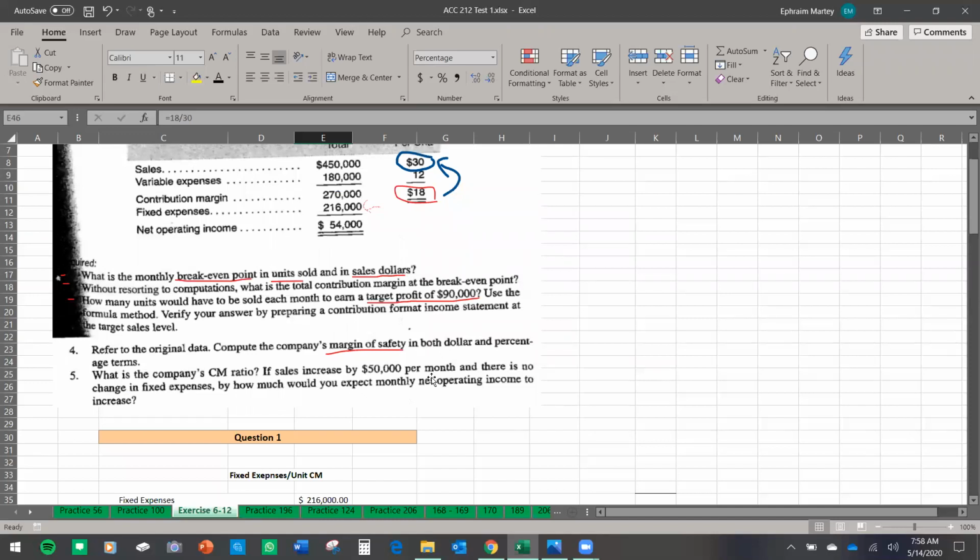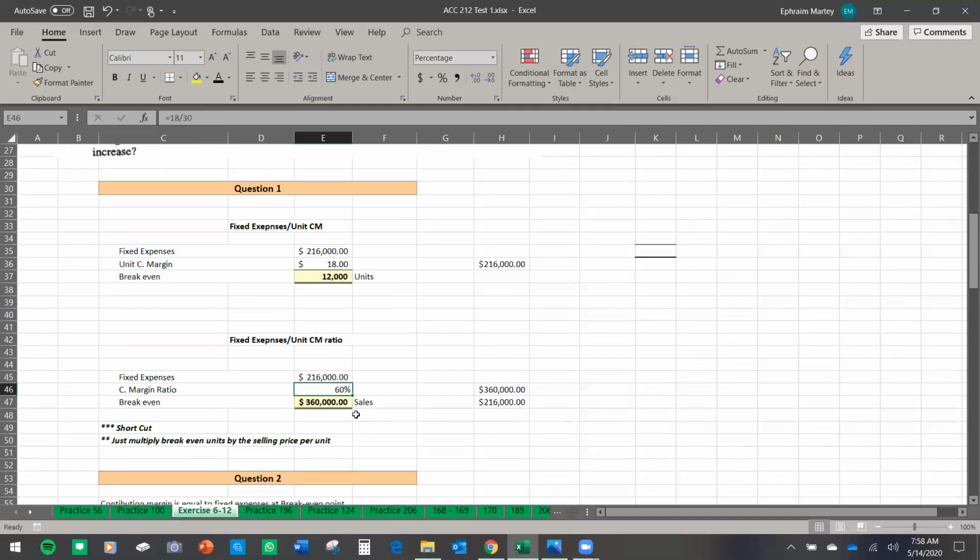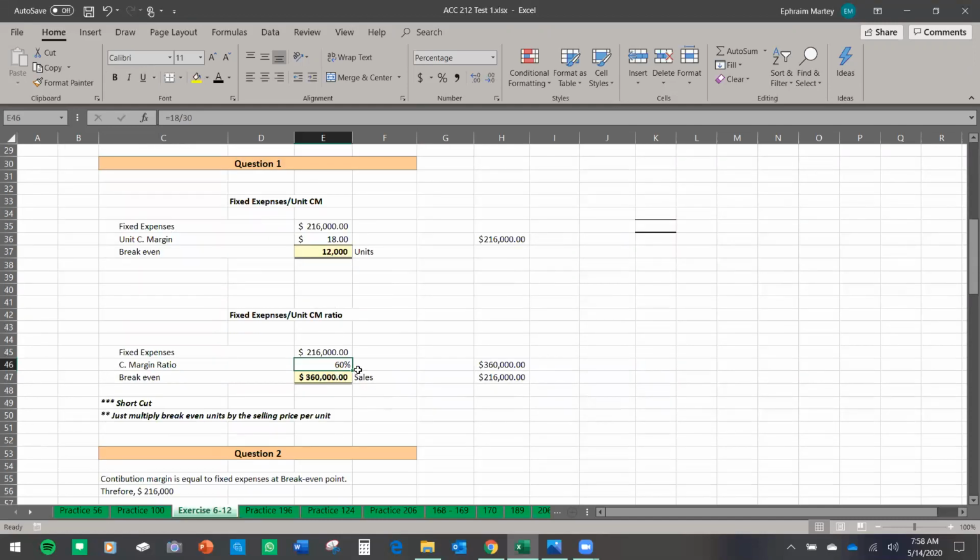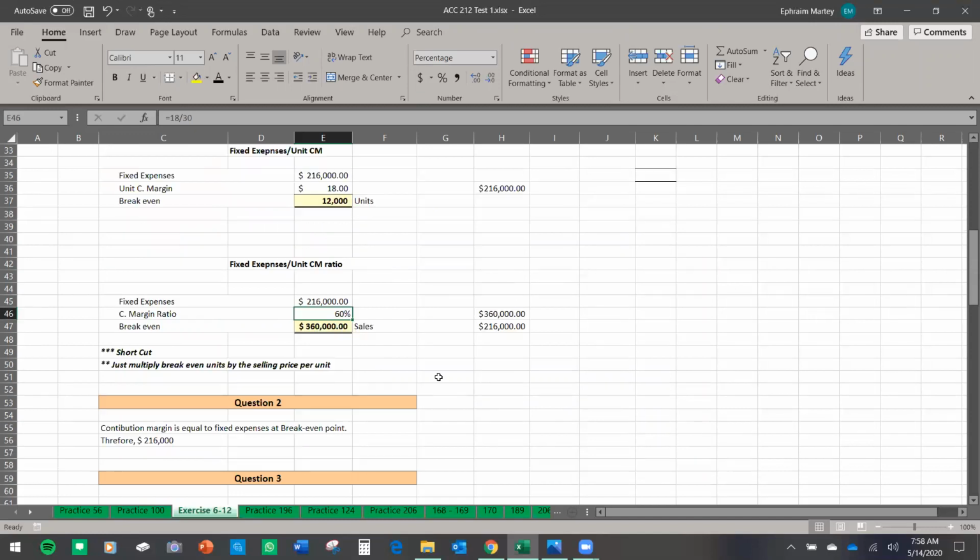Your CM ratio will only change if your variable cost per unit increases or decreases. But in this case, nothing happens to variable cost, so our CM ratio will remain at 60%.